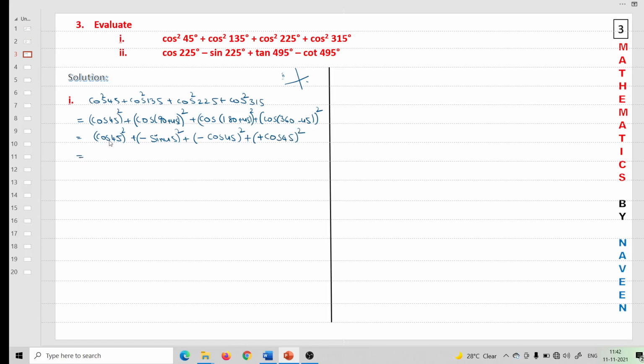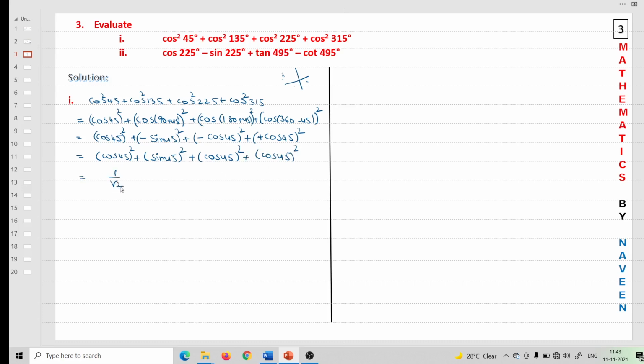That is equal to cos 45 whole square as it is, plus minus square means plus only, right? So sin 45 whole square, plus minus whole square means only plus, that is cos 45 whole square, plus cos 45 whole square. Yes. Substitute all the values here. Cos 45, sin 45, all values are 1 by root 2 only.